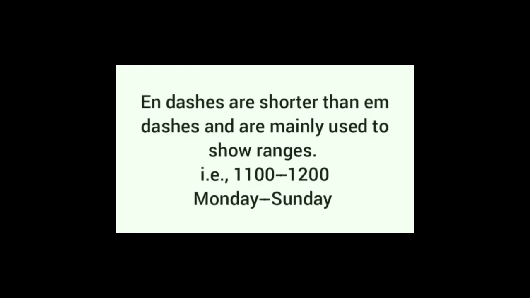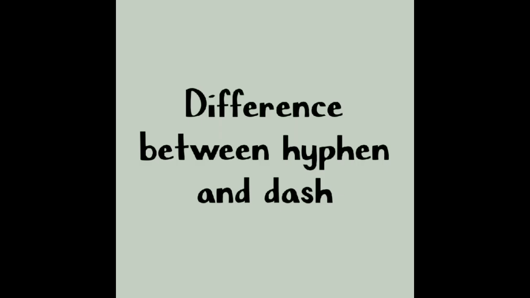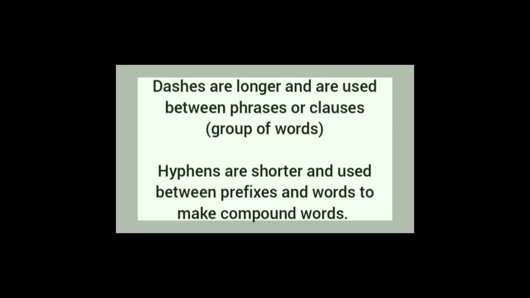En dash. En dashes are shorter than em dashes and are mainly used to show ranges. Difference between hyphen and dash. Dashes are longer and are used between phrases or clauses. Hyphens are shorter, used between prefixes and words to make compound words.